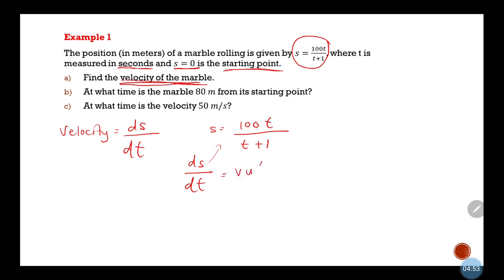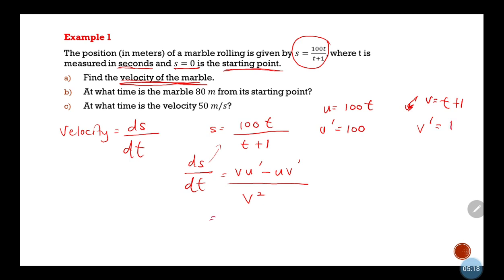vu prime minus uv prime over v square, where u is 100t and u prime is 100, and v is t plus 1 while v prime is 1.